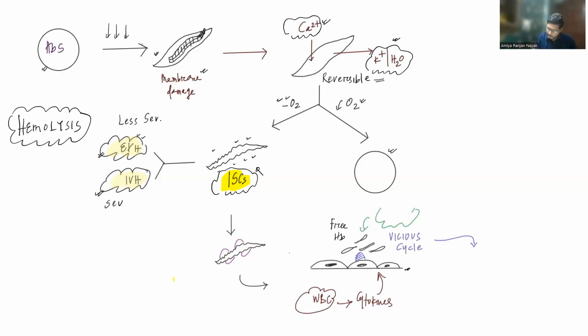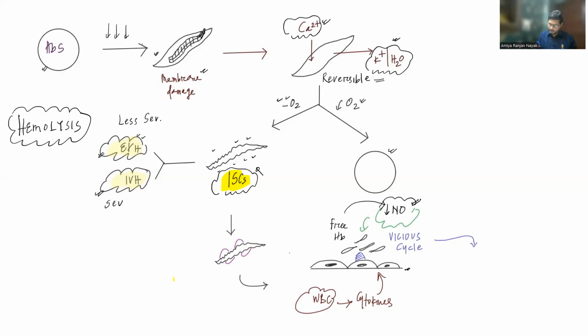Now, this free hemoglobin can bind to nitric oxide, and it can reduce the intravascular concentration of nitric oxide. Nitric oxide reduction causes more vasoconstriction and more sickling. That is why we also have some drugs which can increase the NO concentration and cause vasodilation, and those are somewhat useful in patients with sickle cell disease.